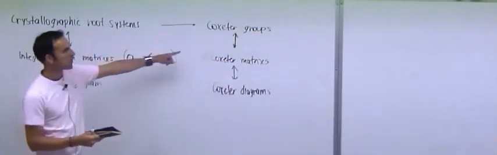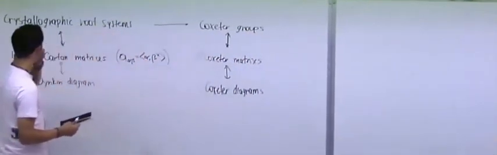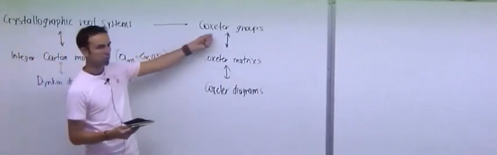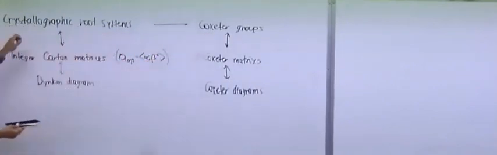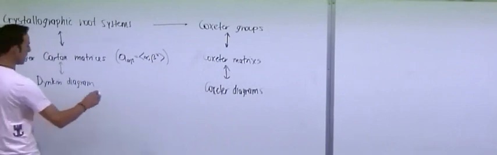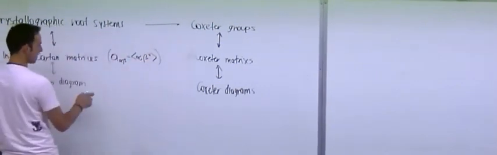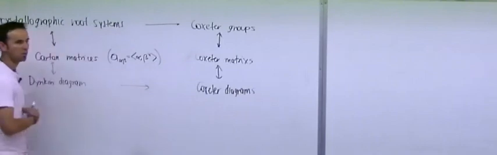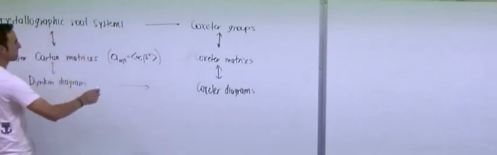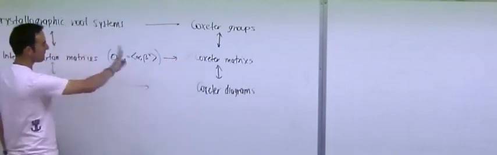But this only goes in this direction because we saw already that not every Coxeter group arises from a crystallographic root system, okay? But we did see, for example, how to go from the root system to the Coxeter group. We saw how to get from the Dynkin diagram to the Coxeter diagram, from the Cartan matrix to the Coxeter matrix. We basically know how to go this way.